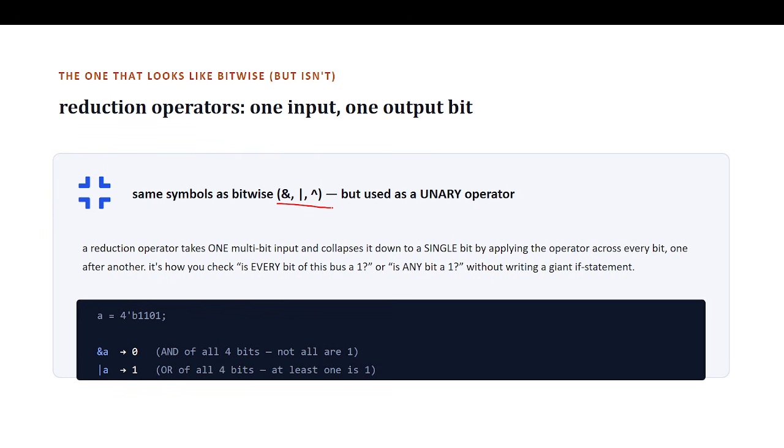A reduction operator takes a single multi-bit signal and collapses it down into a single output bit by applying the operator successively across every bit of that signal. Let's work through the example. A equals 4'b1101. If I write &A, this is the AND reduction of A.